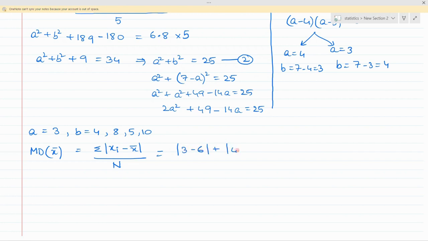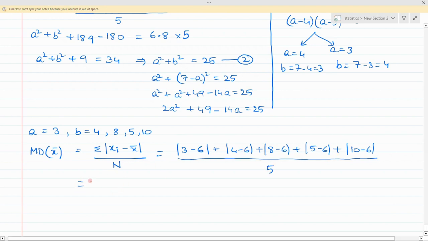Plus 4 minus 6 absolute, and mod of 8 minus 6 plus mod of 5 minus 6 plus mod of 10 minus 6 upon total number of observations are 5. So if we take the absolute values, it becomes 3 plus 2 plus 2 plus 1 plus 4 upon 5.